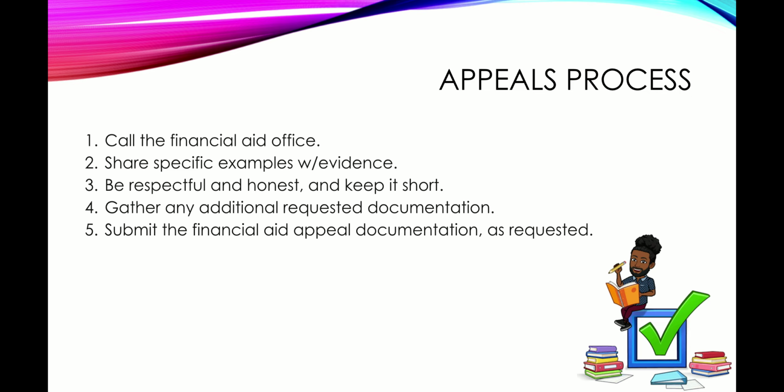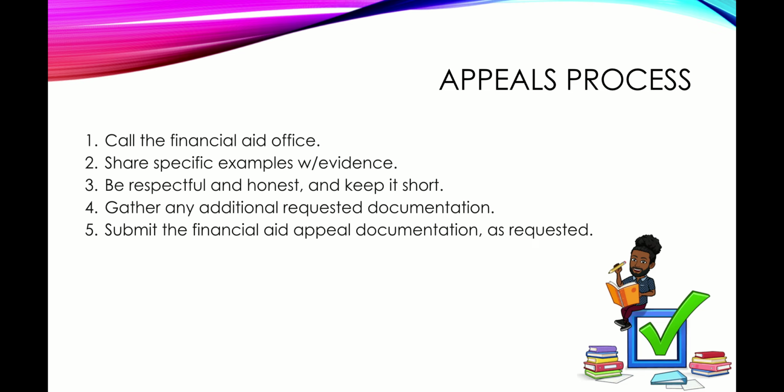You want to be respectful and honest with the financial aid office, but you want to keep it short. You don't have to give them a flowery story where you obscure details. Be as specific and clear as you can: this is the amount of money I specifically need to make this affordable, and here are the reasons why.